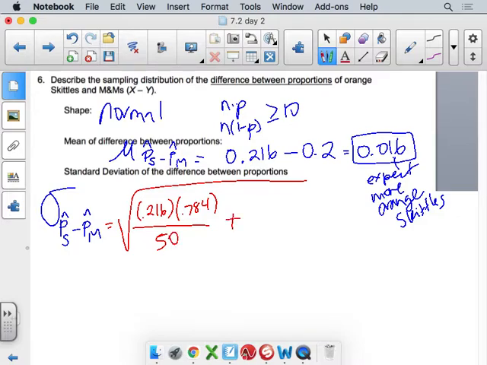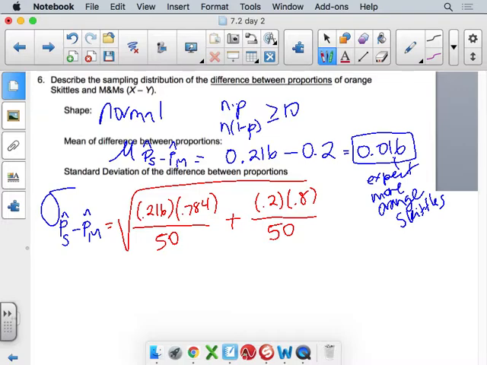And then it says plus the proportion of the second one, which is M&Ms, so 20% times 1 minus that divided by the number you sampled of M&Ms, which we sampled 50 M&Ms too. So both of them were 50. Okay, so you just plug it in.